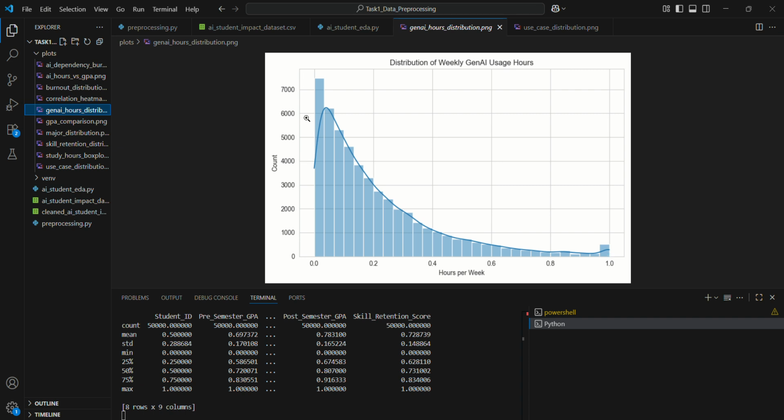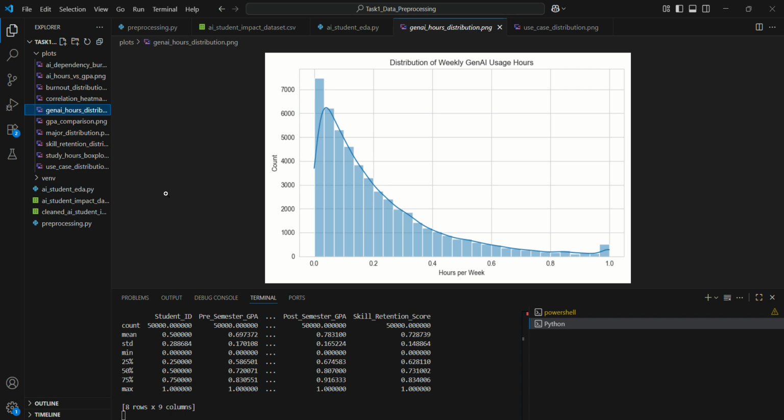So most students are not that dependent on Gen AI. This is what we can conclude. This is mostly the range where we have the highest student count. So most students are not using Gen AI that much.